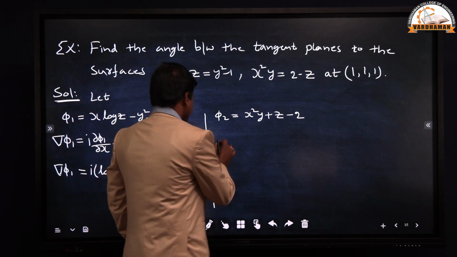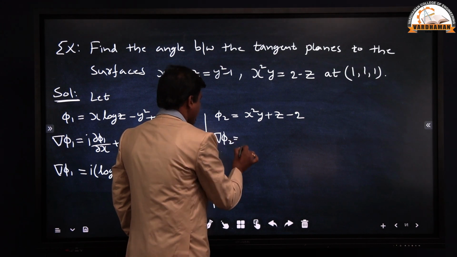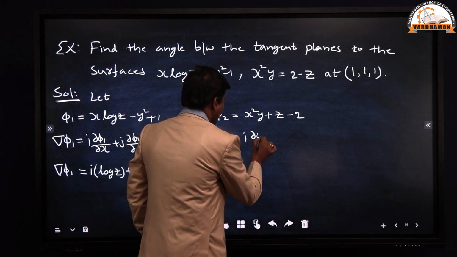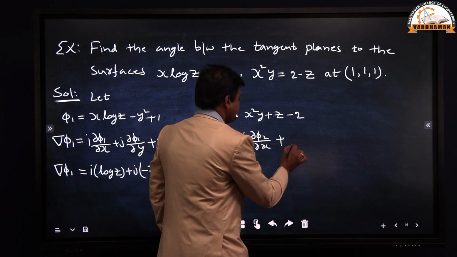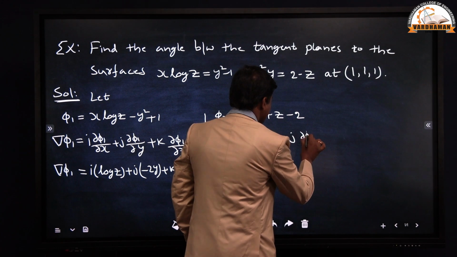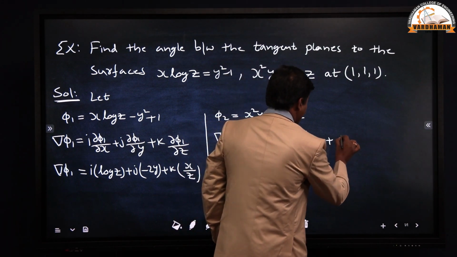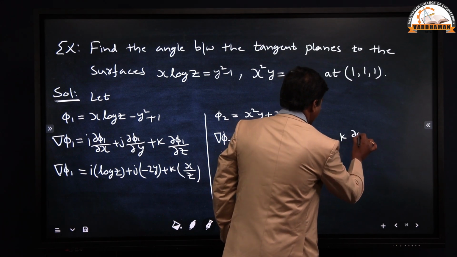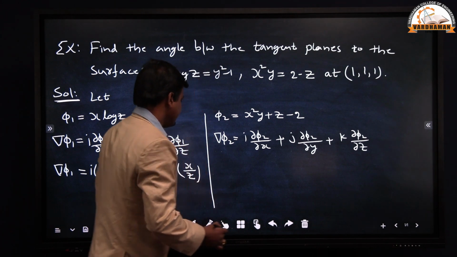Next, del pi 2 equal to i dou pi 2 by dou x plus j dou pi 2 by dou y plus k dou pi 2 by dou z.